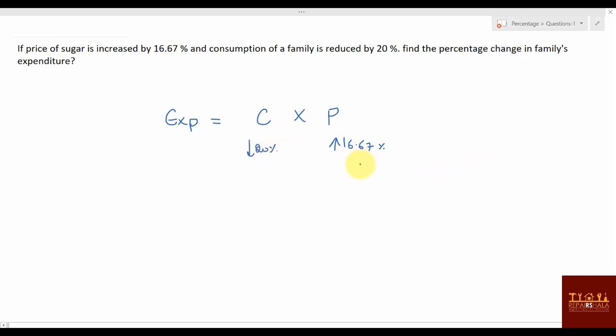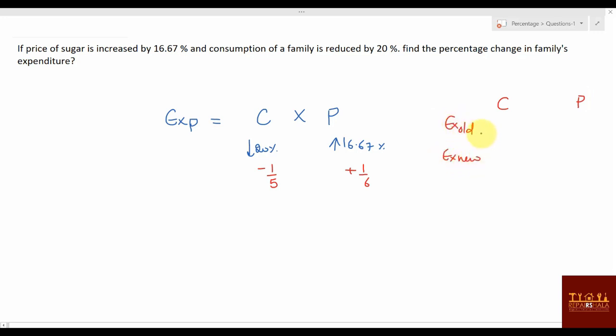Now this increase means you can write this value is plus 1 by 6, and this value is minus 1 by 5. Yes or no? Any doubt? No, right? So this one is plus 1 by 6 and this is minus 1 by 5 because of reduction, and plus 1 by 6 means increment is happening. Now the same thing you can do here. You will be writing C here, P here, expenditure old and expenditure new.